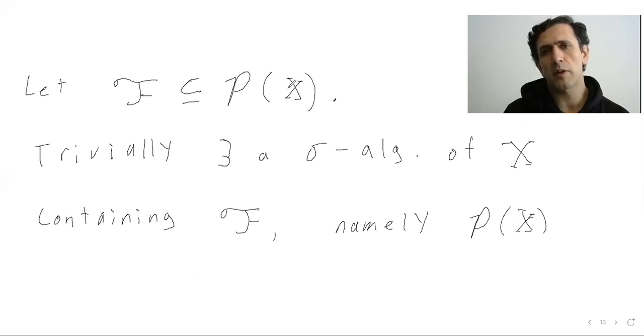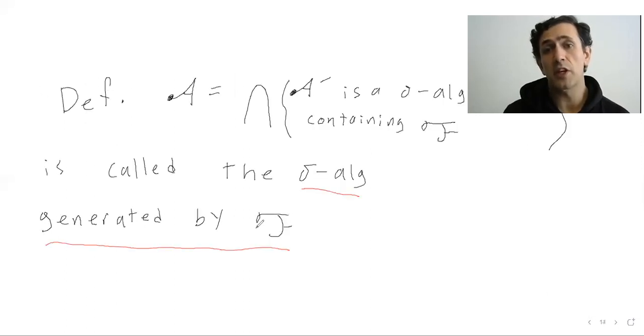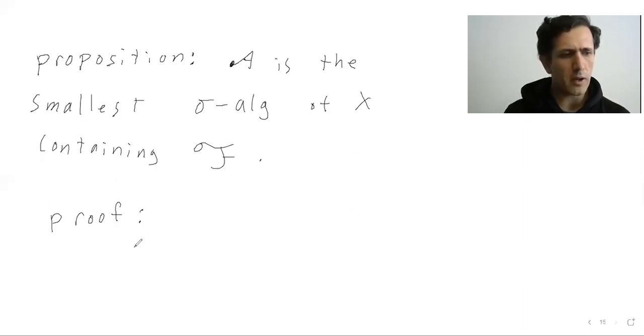For the most part, we're going to have X be the real line. Particularly when it applies to this definition, the sigma algebra generated by script F. Okay, the proof, like I said, there's really not much to it.